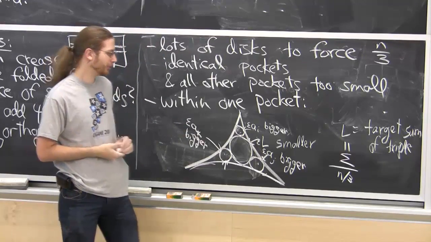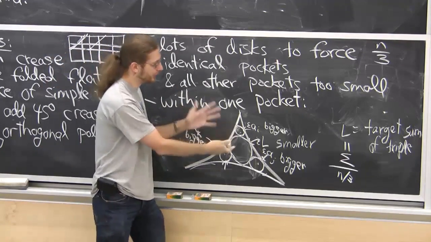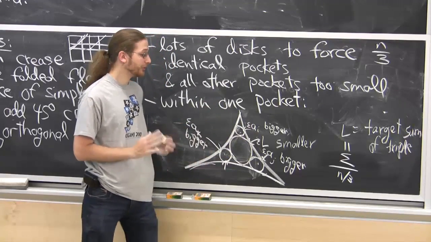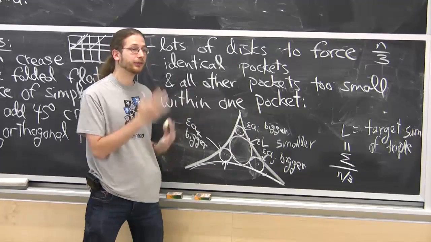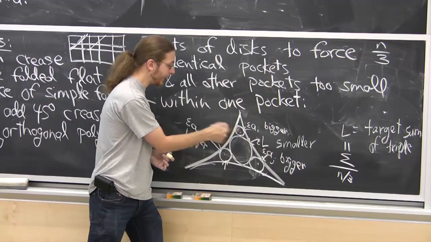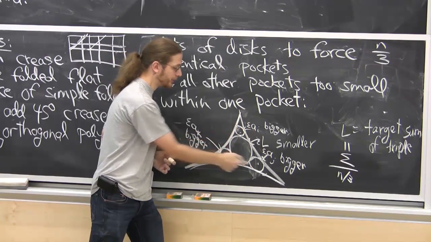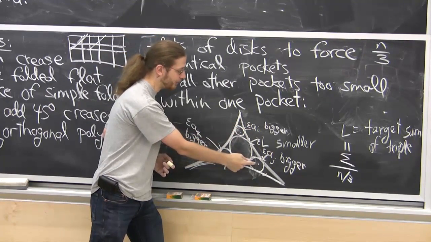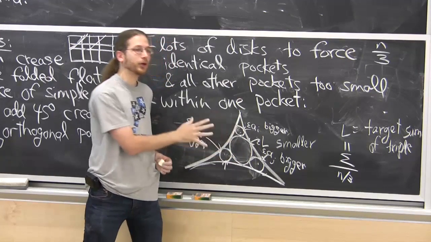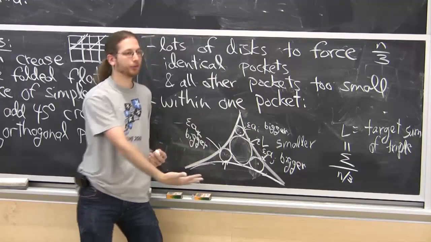Maybe there's a second order term. But to the first order, you think, oh, there's this trig and I've got to do tangents and funny stuff. It turns out to the first order, actually things work really simply. If I shrink this disk by an additive amount, and if I grow these disks by an additive amount, I shrink this by the same amount, this will still work up to the first order.